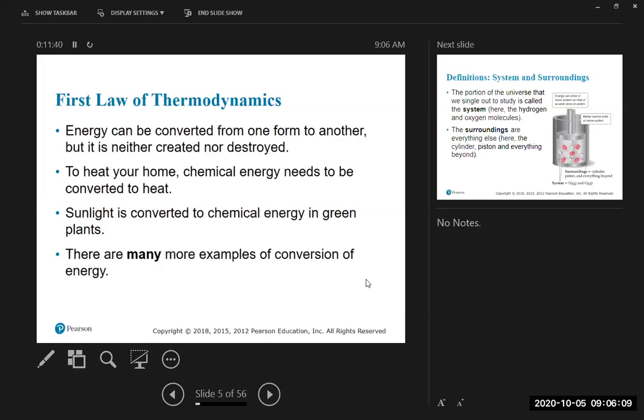And then when you do the combustion reaction, you free that energy up, and that's what helps your car move, powers your vehicle. So in none of those cases did we create or destroy energy. We just moved it around, okay? And that's what the first law of thermodynamics says. You can convert it from form to form, but you don't destroy it and you don't create it.